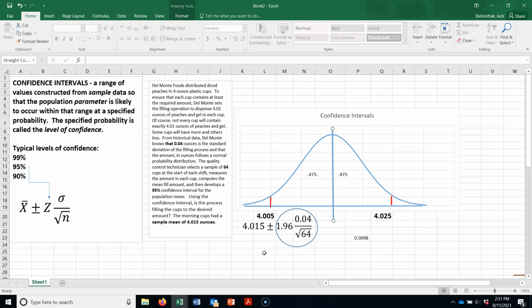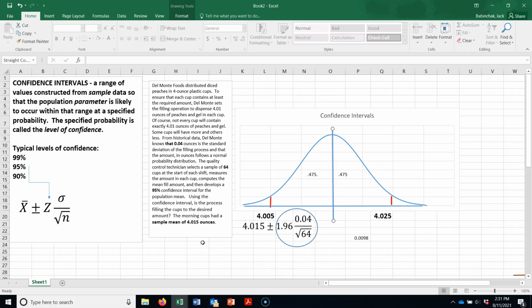Every single cup that is coming off the line for that day, we could say is going to fall between these two mean averages, and then know whether or not we're operating within a certain interval, within a certain capacity that's required of the process. Okay, so that's this.